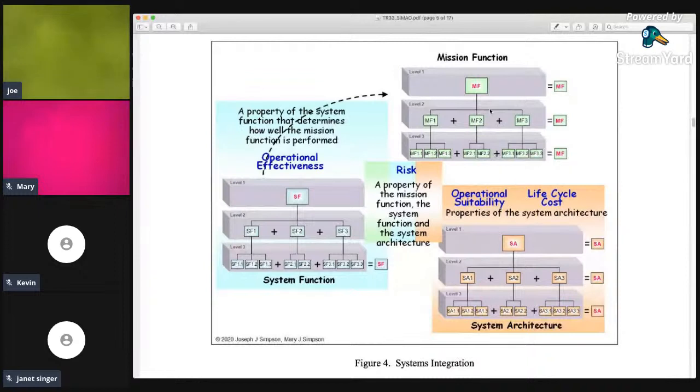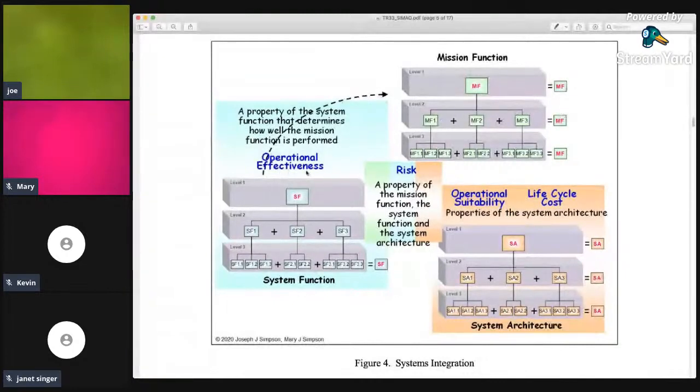So conceptually, just by breaking the idea of function into the mission function, what is the primary goal, and then the system function, how are the techniques and processes and equipment that we're designing going to help us achieve the mission function?